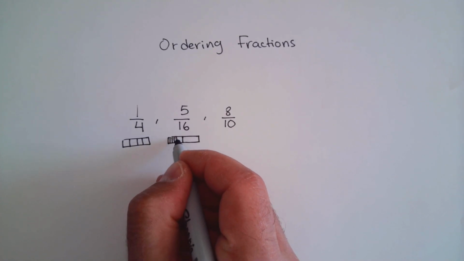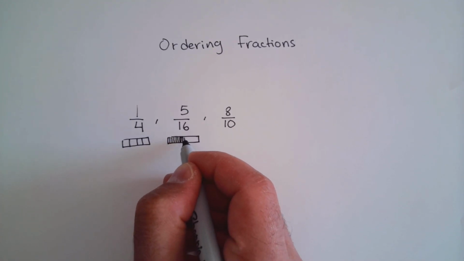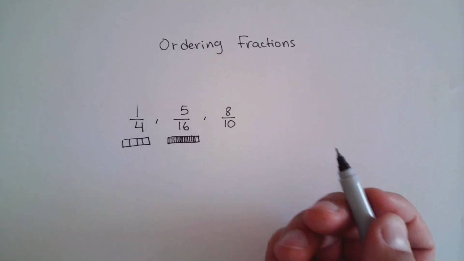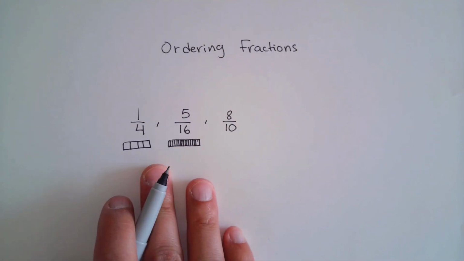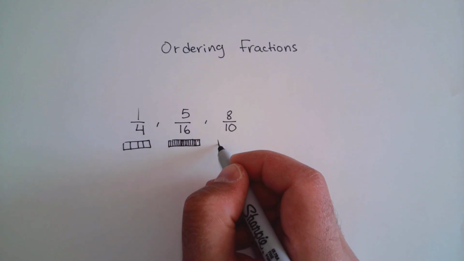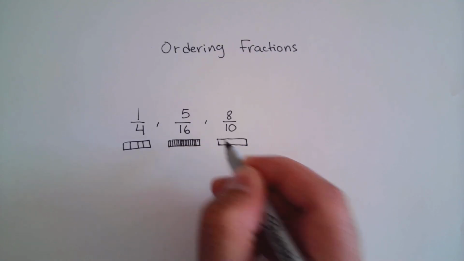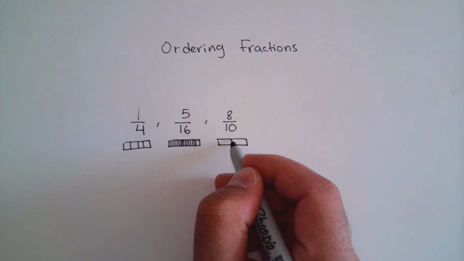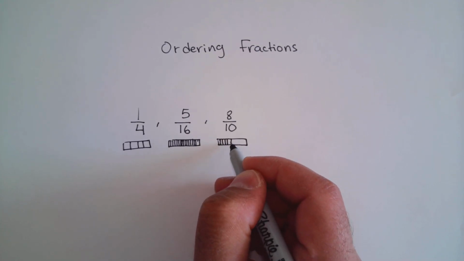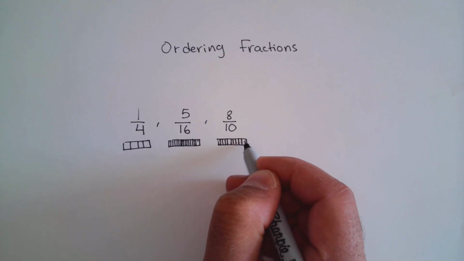So we have two fractions that are part of two different wholes, and then here's another whole that is made of 10 parts. So half of 10 is 5.